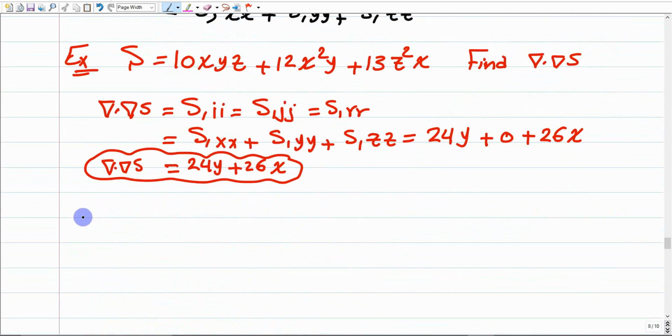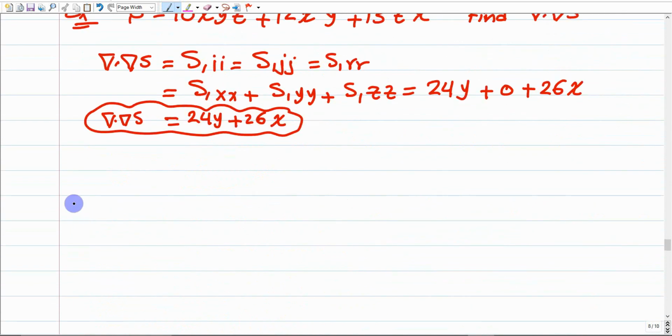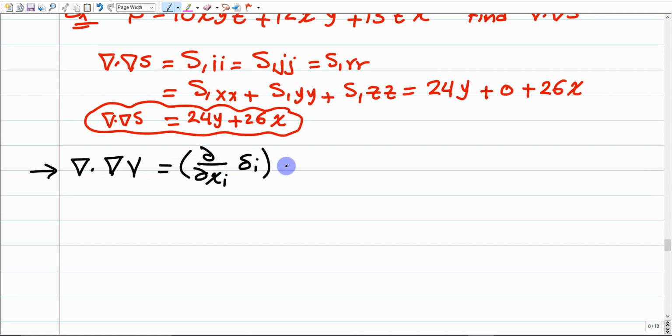So this is for the Laplacian of the scalar. How about the Laplacian of a vector? Let us do the same. So it's going to be nabla dot nabla v of a vector. The first nabla is going to be partial by partial x_i delta i, dot the second nabla, which is partial by partial x_j delta j, times v, which should be v_k delta k.